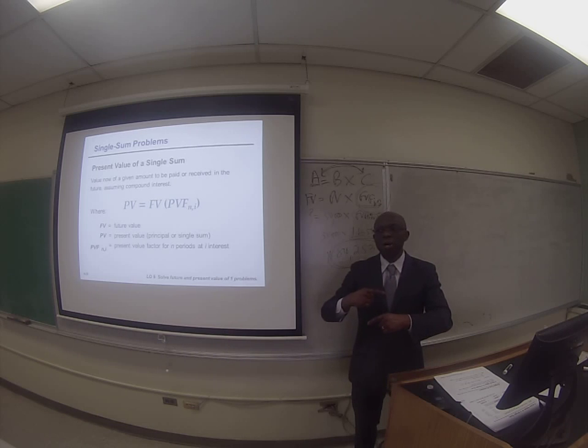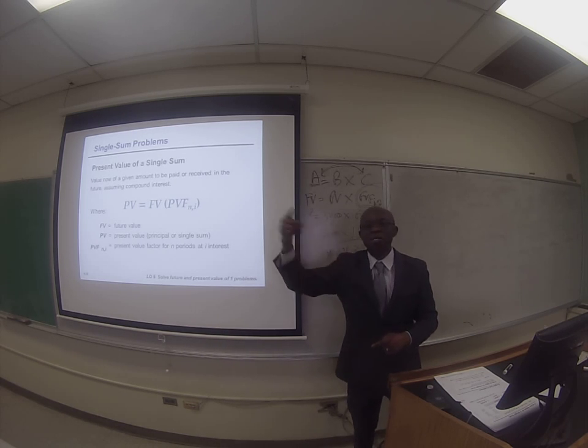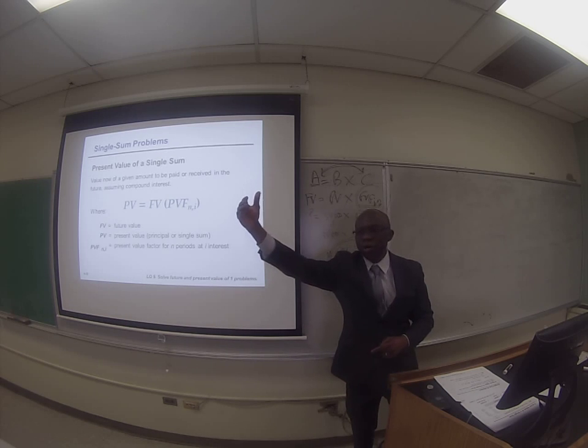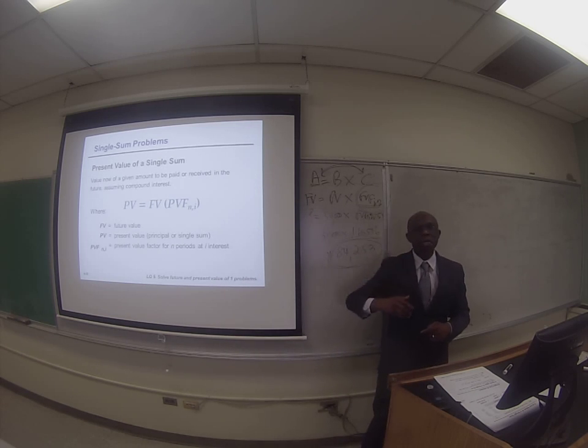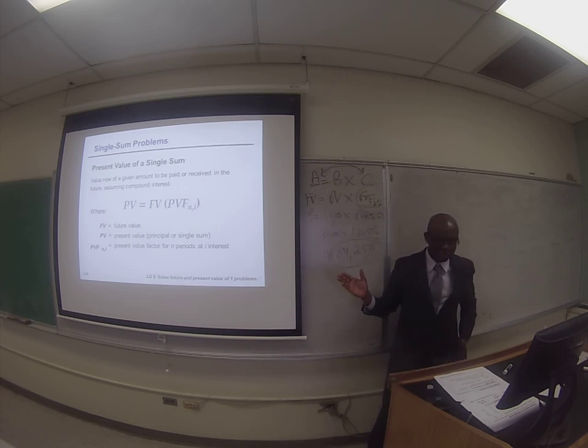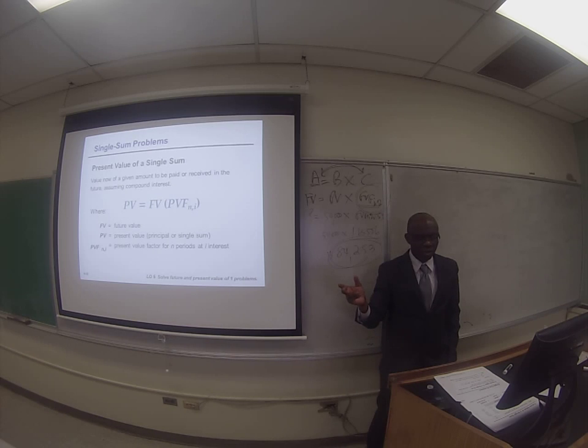When we do the compounding into the future, we say compounding. When we do the compounding calculation backwardly, we call it discount. So here is the formula again of determining what? Present value of a given amount to be paid or received in the future, assuming compound interest. So here are the variables.